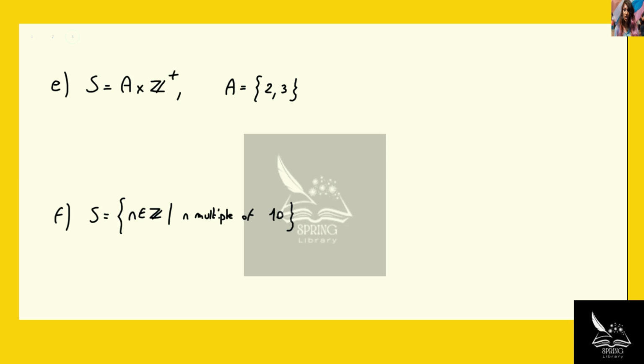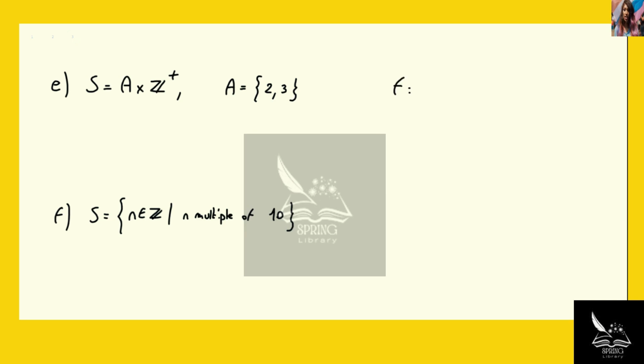Now for E, we have the set S given by the Cartesian product A times Z plus, where A is the set containing 2 and 3. So again, the trick here is to divide half of the set S that goes to, let's say, the even numbers, and the other half of S that goes to the odd numbers.